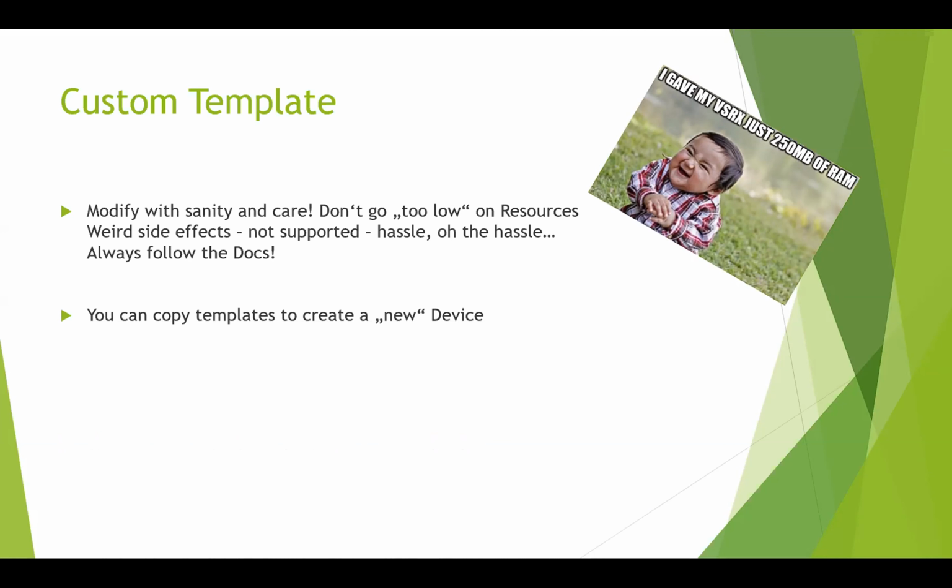You can start to copy one of the templates that are already in place. That is something that we will do to create a completely new device. You can rename it to anything fancy that you like, and you can start fiddling around with it.